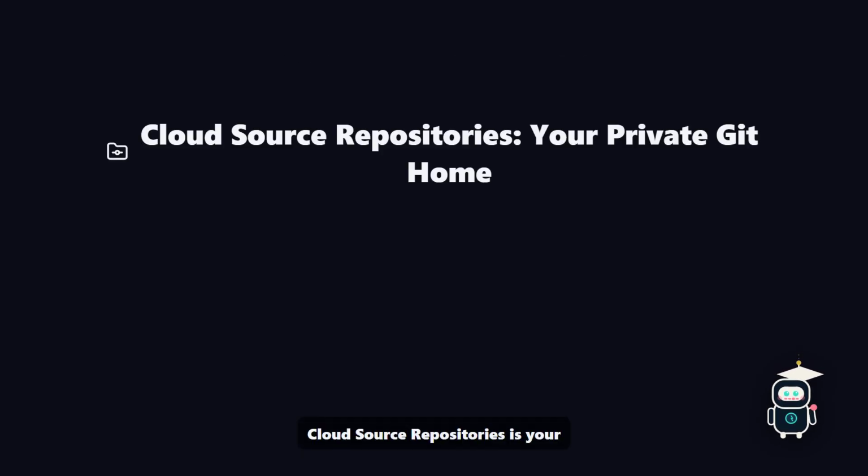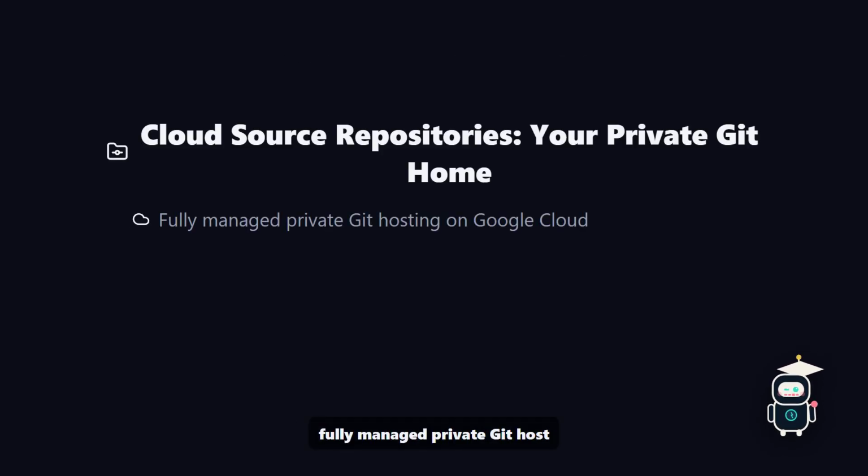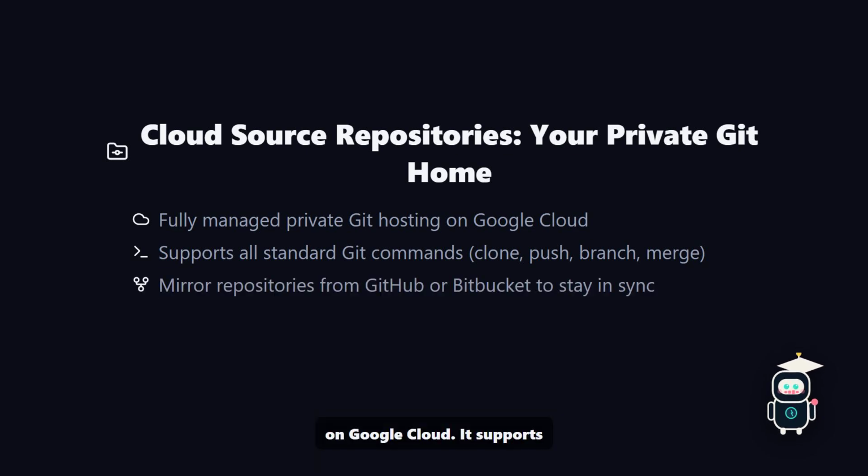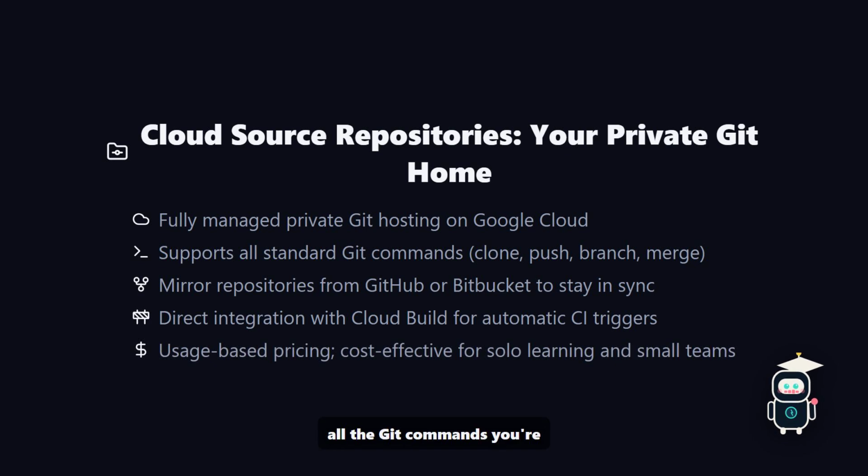Cloud Source Repositories is your fully managed private Git host on Google Cloud. It supports all the Git commands you're used to: clone, push, branch, merge, nothing new to learn. You can mirror repositories from GitHub or Bitbucket, which means your existing code stays in sync while you gain GCP-native superpowers.